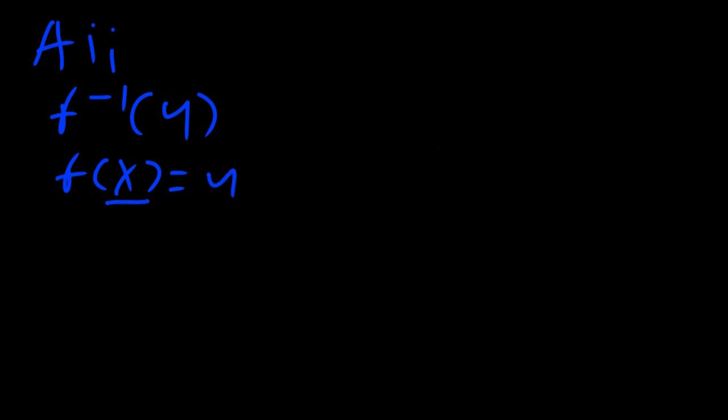Okay, so now moving on to A of II. A of II is just asking us to find the value of this. So this is really simple. What this question is asking us is what value of the function f gives us f of x is equal to 4. So this is the same as f of x is equal to 4, and we're trying to find x.